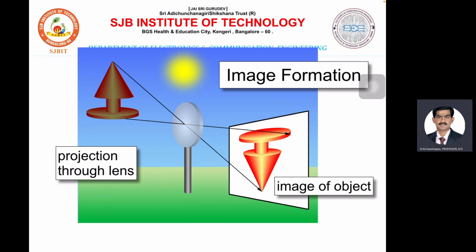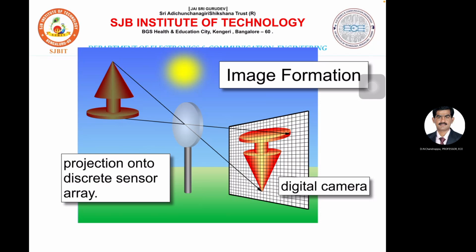Now I'll go to the next. Projection onto the discrete sensor array becomes a digital image, also called a digital camera. Now in this image, look at the sampled image. Digitizing the coordinates gives the sampled image.